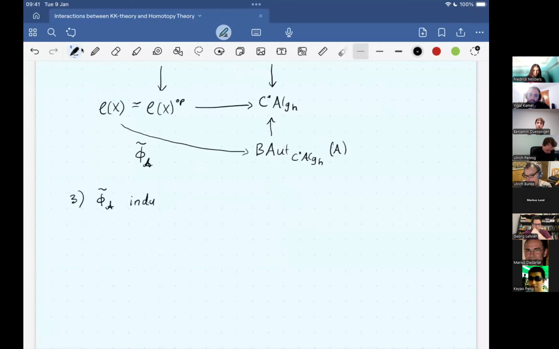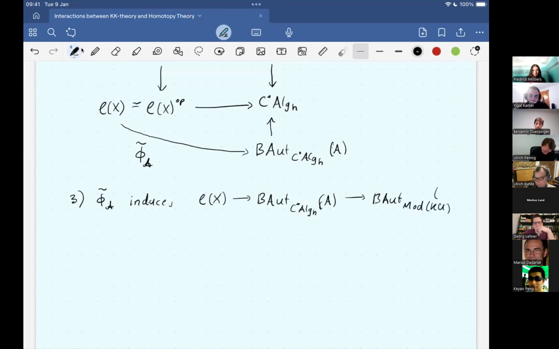I can just compose this with the K-theory functor, and then I get a map from Lx to B out C star H of A. Composing with K-theory brings me to B out in mod KU of K of A. Right, where this is this local system that I've constructed before, and here I'm applying K-theory.